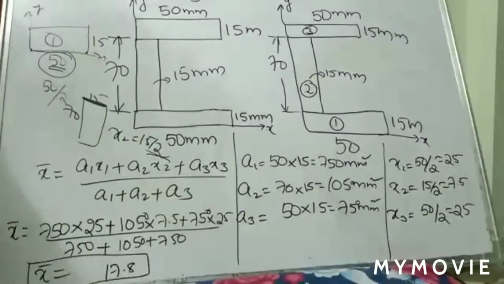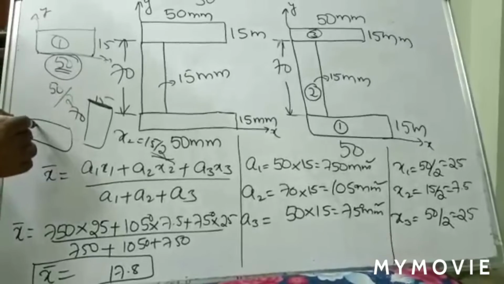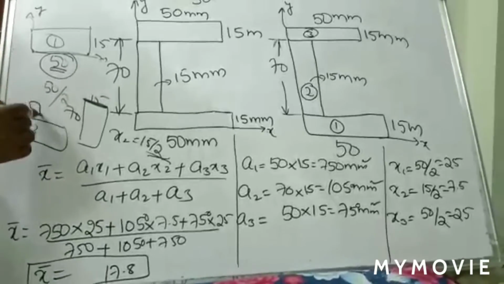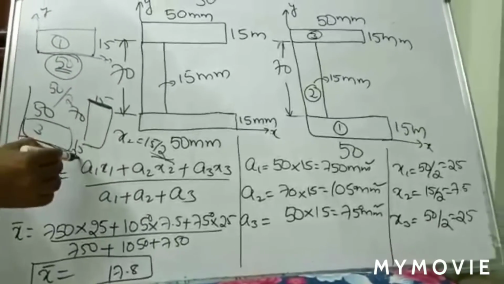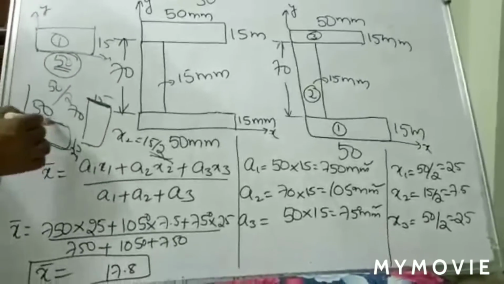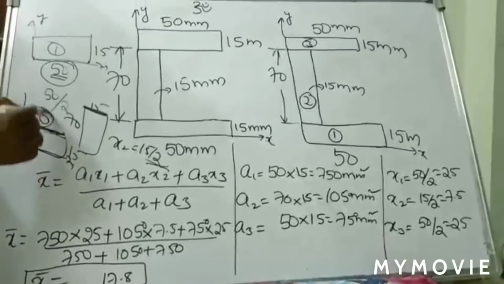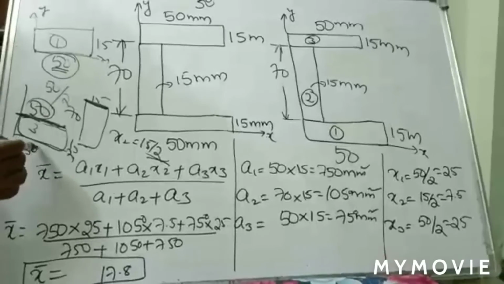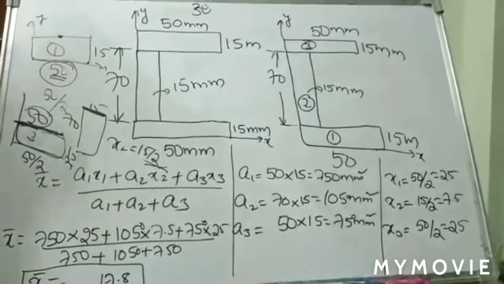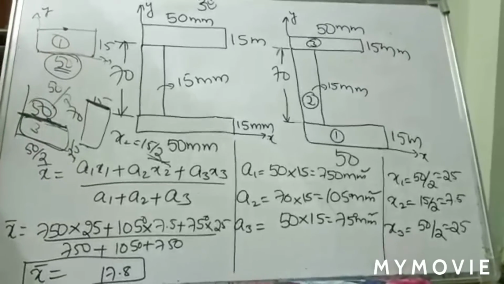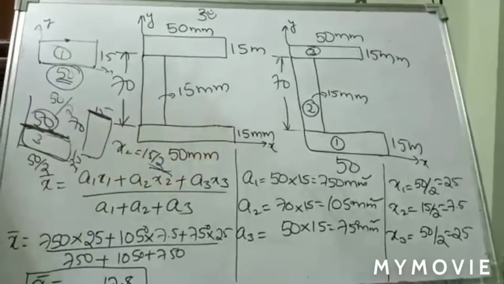Next take x3. This is block 3, which is 50 by 15. It also starts from the reference axis, and always you have to move from the reference axis. The distance is 50, and the centroid of a rectangle block lies exactly at the center, that means 50 by 2, so the answer is 25.